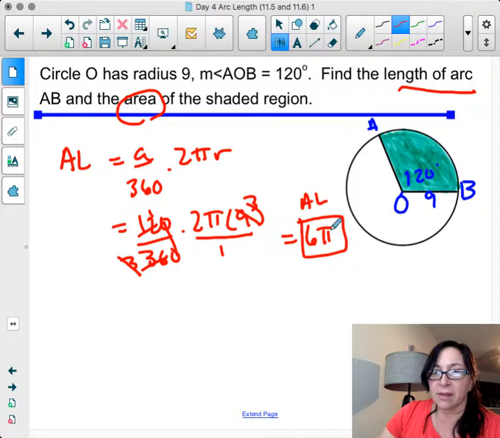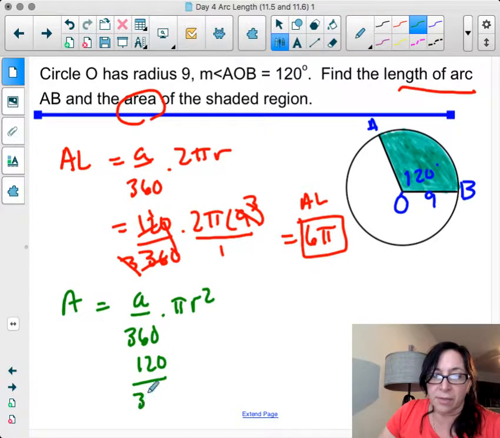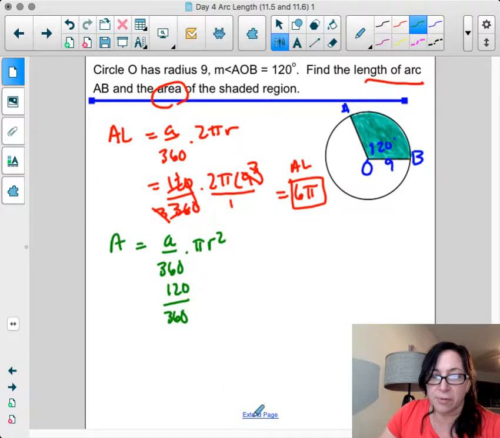That's my arc length. To find the area, we're going to use a different formula, which is arc degree over 360 times pi r squared. And so my arc degree is 120 over 360, times pi times my radius. My radius is 9 squared.